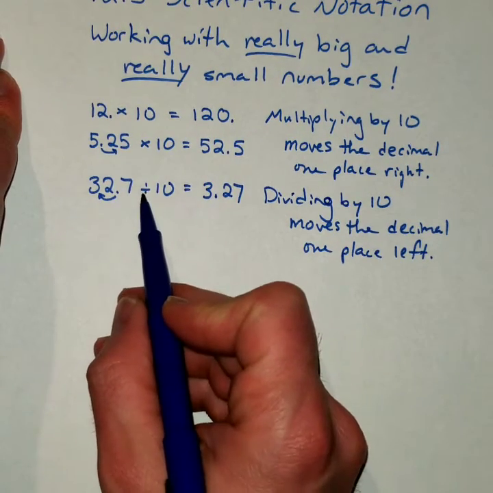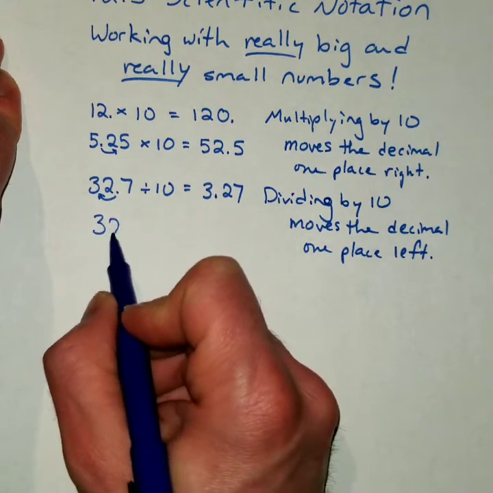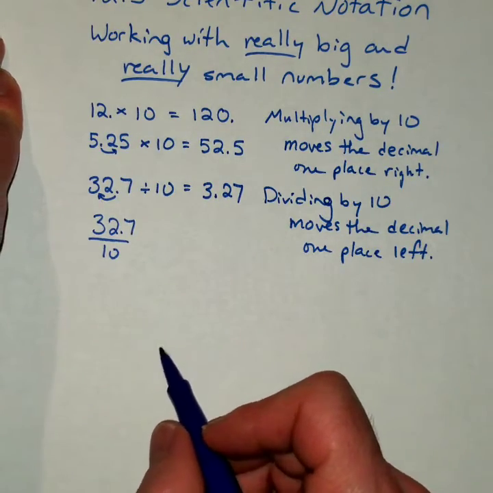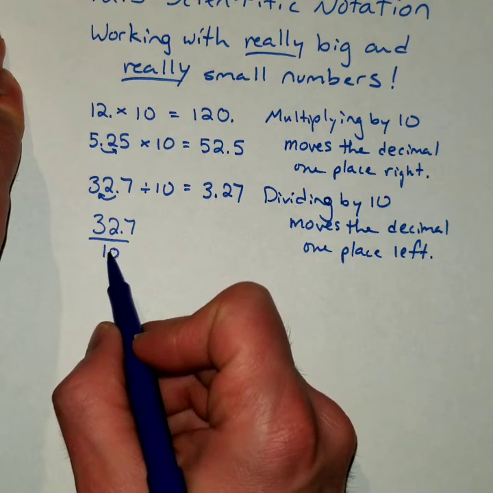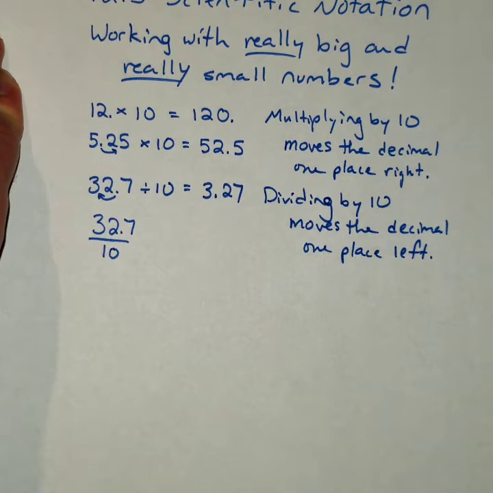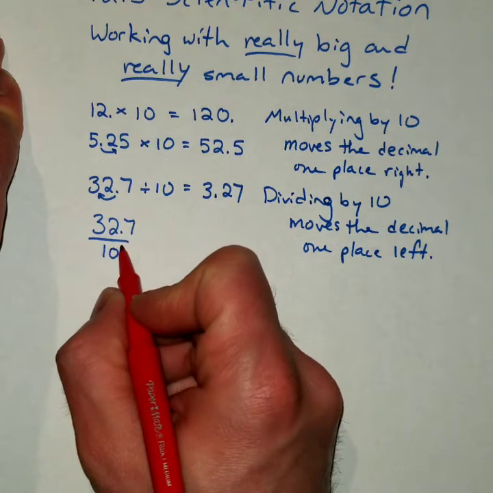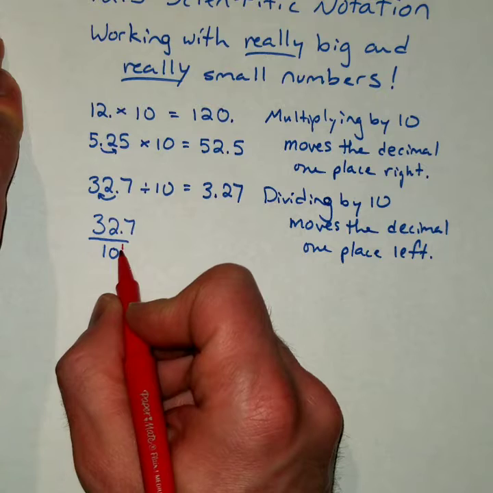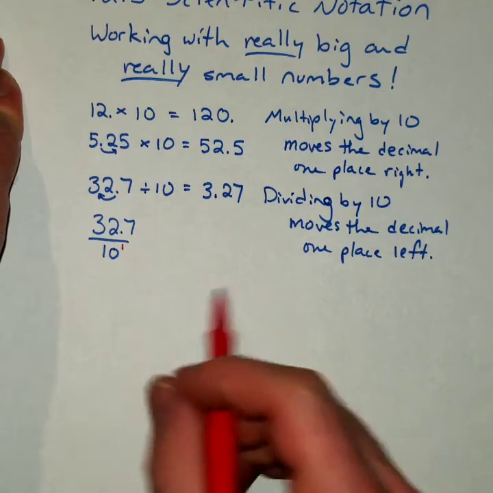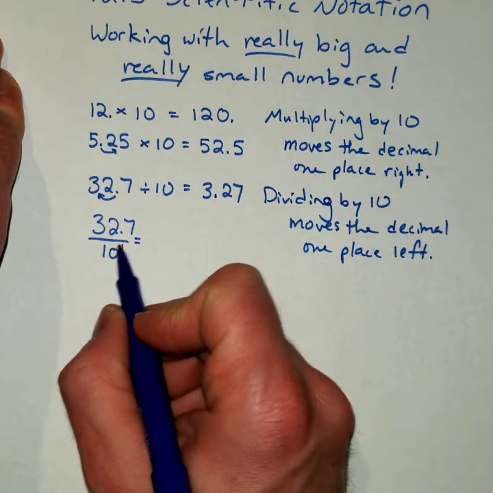Now, remember, division could be represented as a fraction, right? So that could be 32.7 over 10 instead of divide by 10, same thing. Remember, however, last week when we dealt with exponent rules, if you have a number in the bottom of a fraction with a positive exponent, 10 has a 1 power, a positive exponent, there's a rule for negative exponents that allows you to rewrite this.